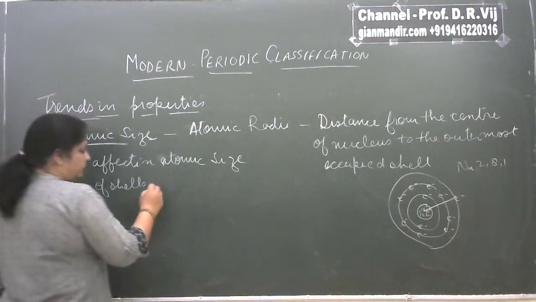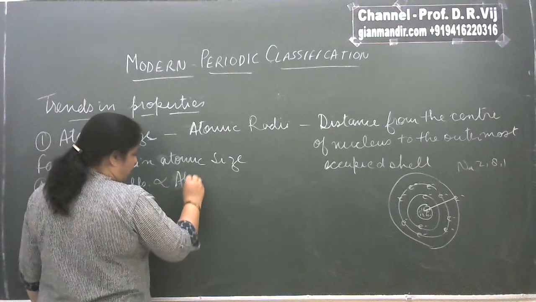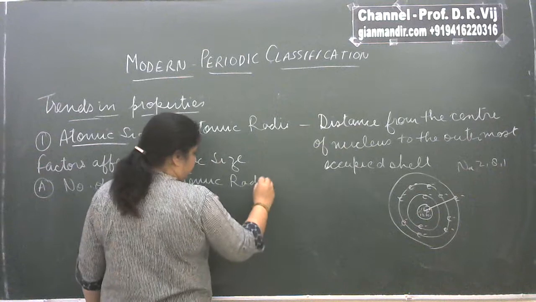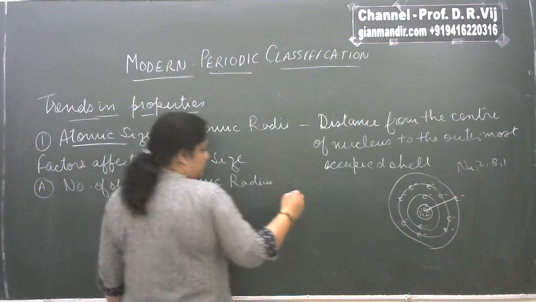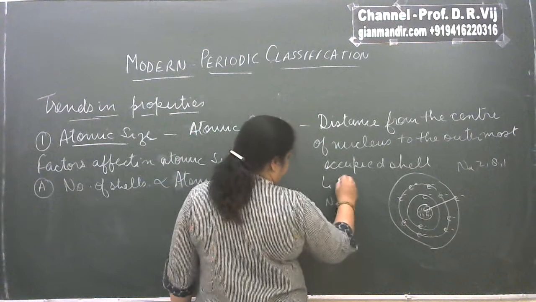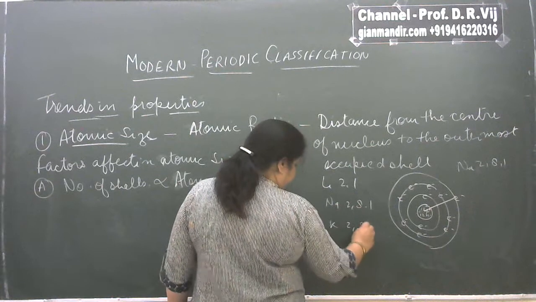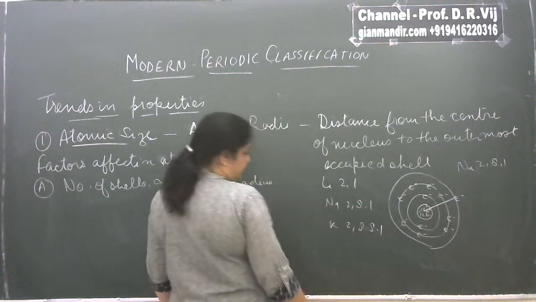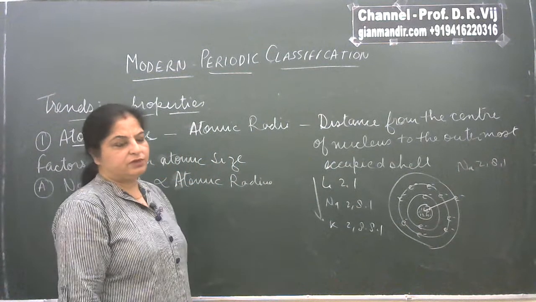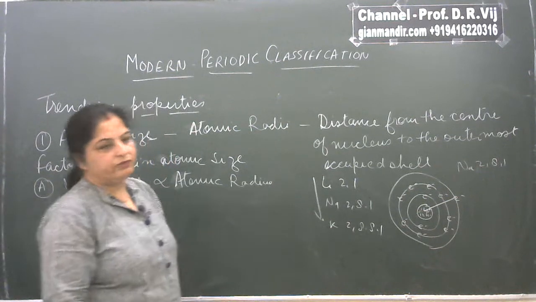So here number of shells is directly proportional to atomic radius. Like we have just discussed, say the example of lithium and sodium and potassium. In lithium there are only 2 shells, in sodium there are 3 shells, in potassium there are 4 shells. So as we move from lithium to potassium, as the number of shells are increasing, the atomic radius or atomic size is increasing, right?